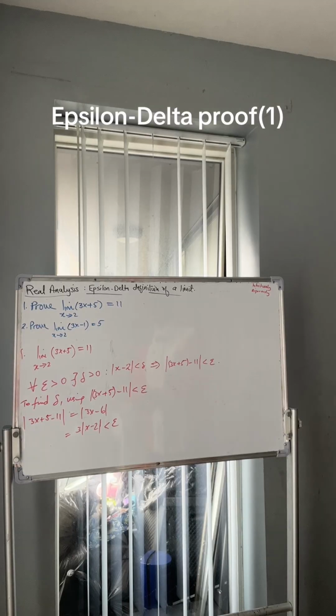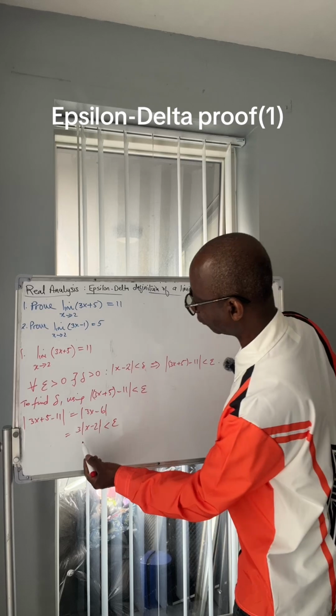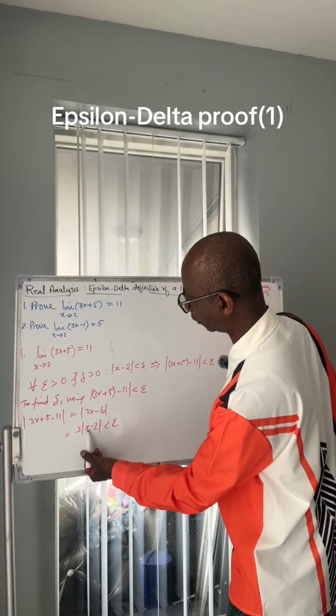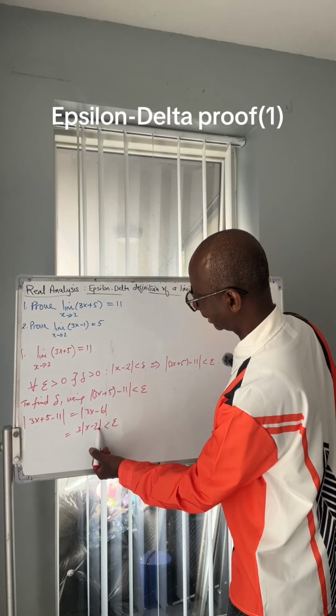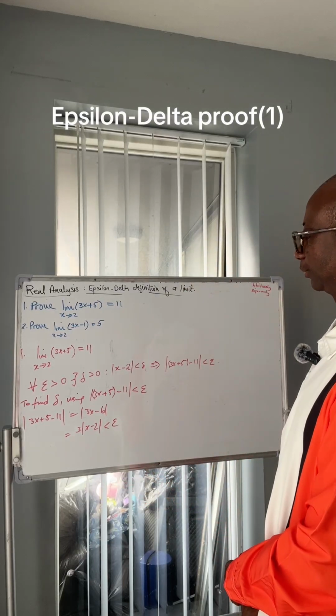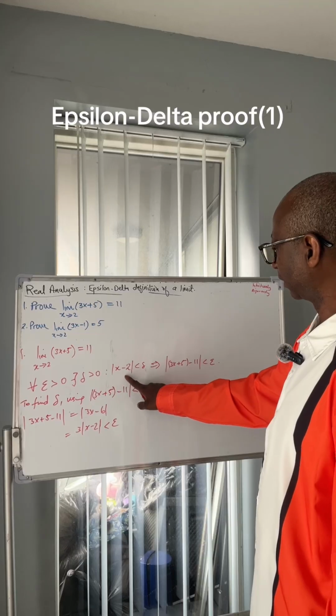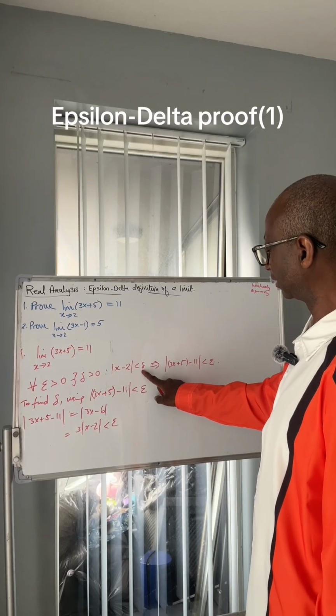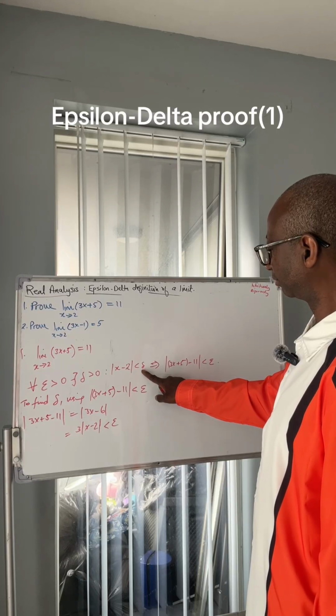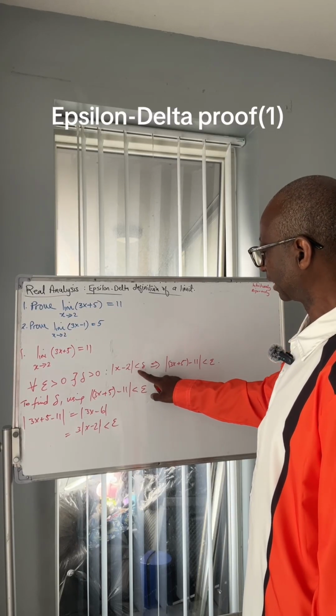That value, 3, the absolute value of x minus 2 times 3 is less than epsilon, correct? But what do we have for the absolute value of x minus 2? We have stated here that the absolute value of x minus 2 is less than delta.